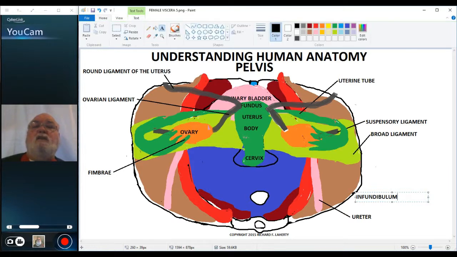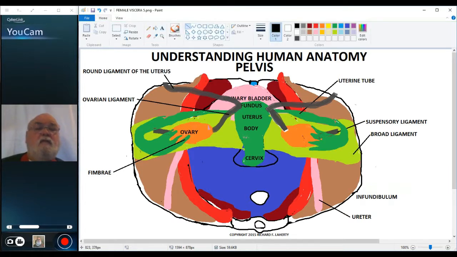And we'll draw a line to the Infundibulum. And the Infundibulum leads to a wider area of the uterine tube, and this area is called the ampulla.